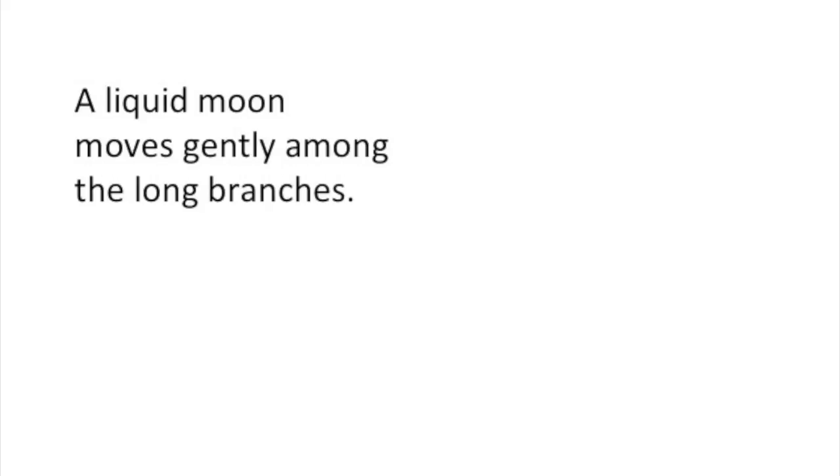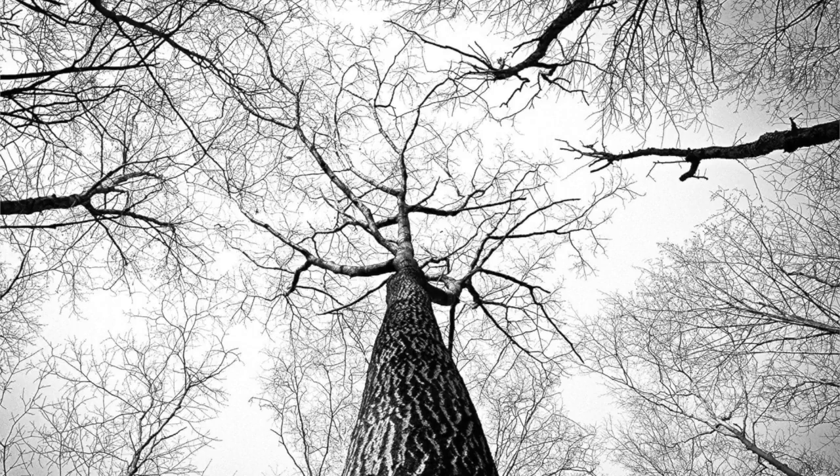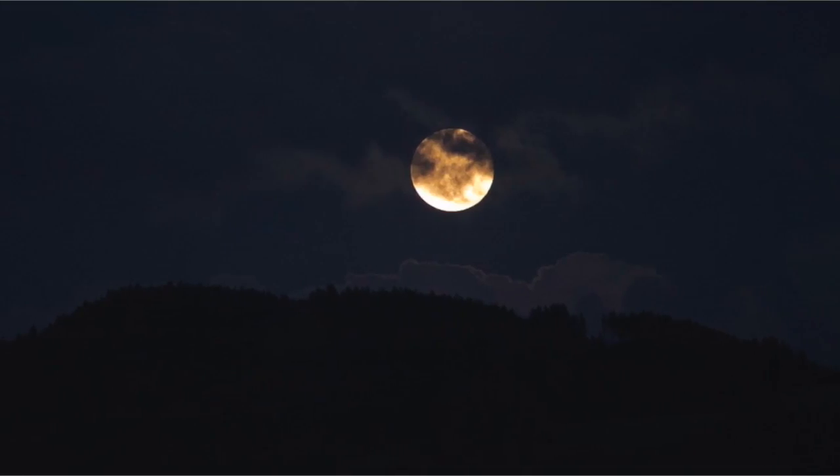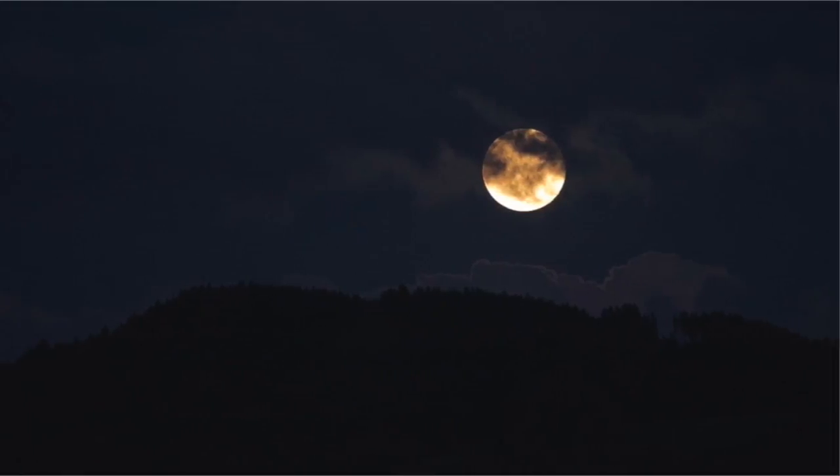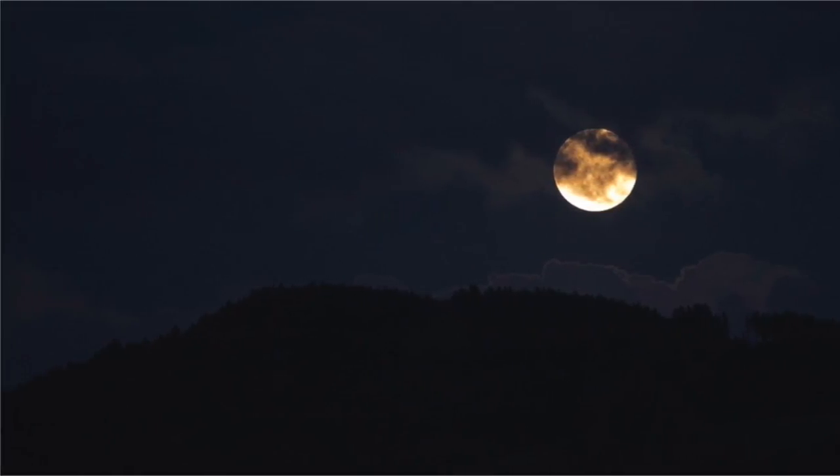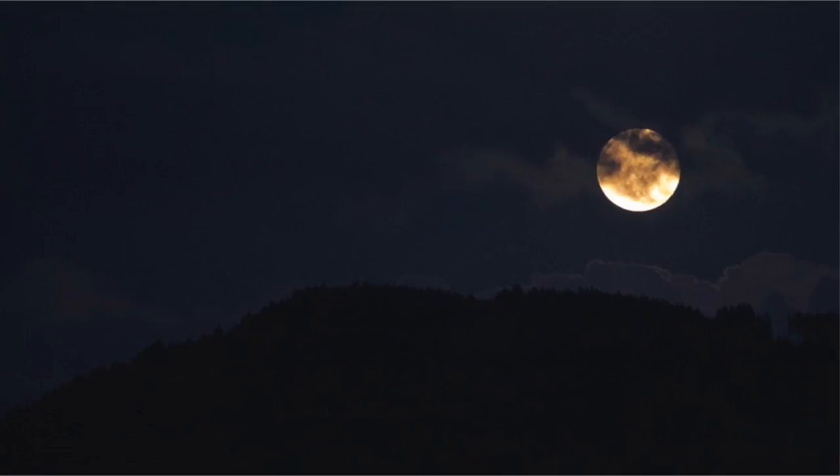So a liquid moon moves gently among the long branches. So the image, this is a moon that moves very easily and smoothly as it moves through the night sky. And it seems to be almost liquid.